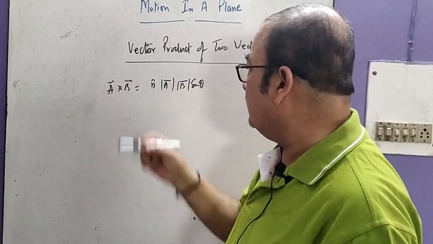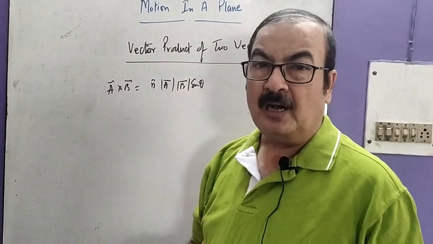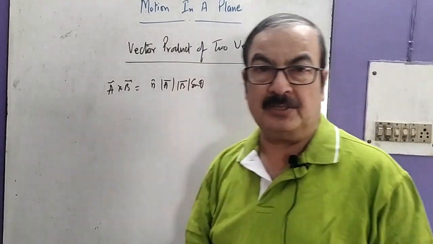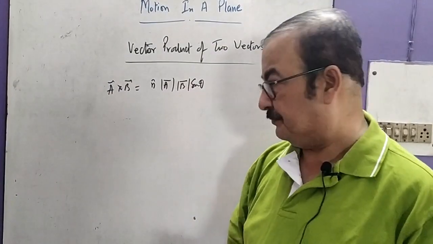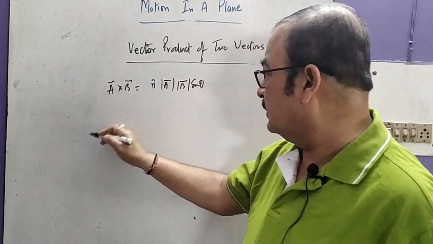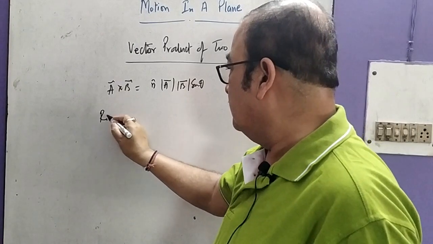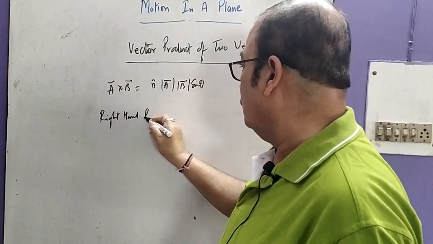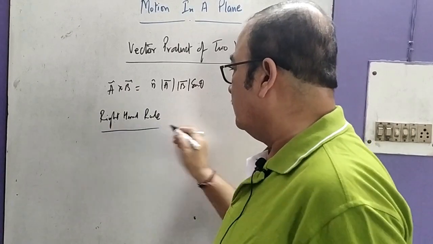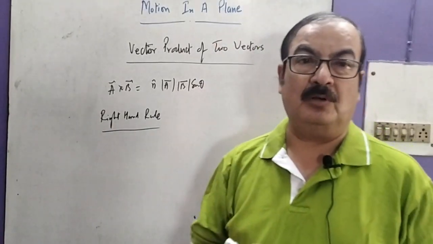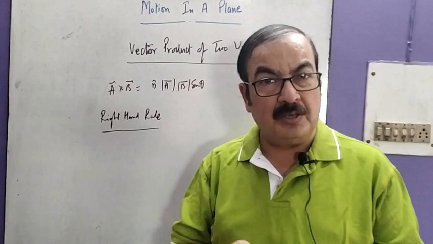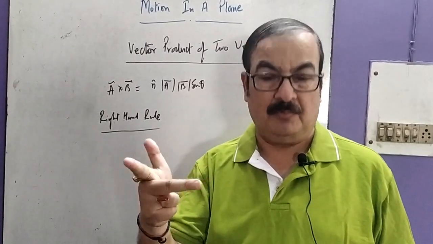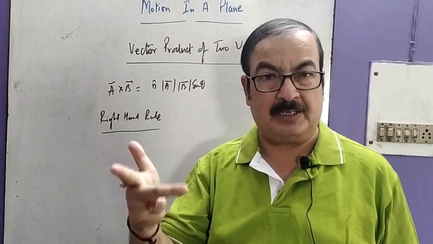Now, how could we determine the direction of this vector? This can be determined by the right hand rule. Either the right hand screw law or just the right hand thumb rule. In both cases we have the right hand.